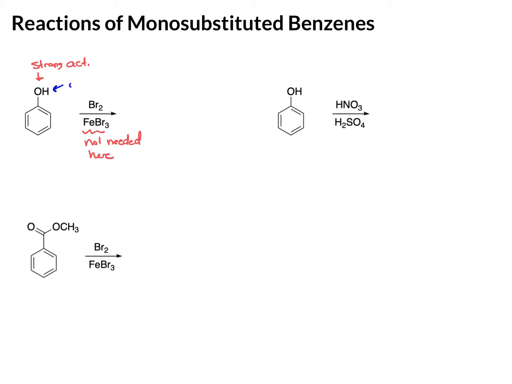The OH is an ortho-para director, meaning it will put the new group ortho to itself and para to itself. But remember that with that really strong activating group and a halogen, we end up with trihalogenation. So the product of this will have the phenol with 3 bromines.